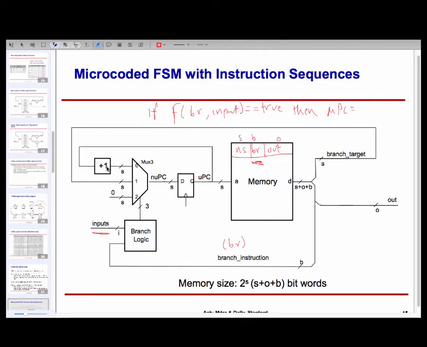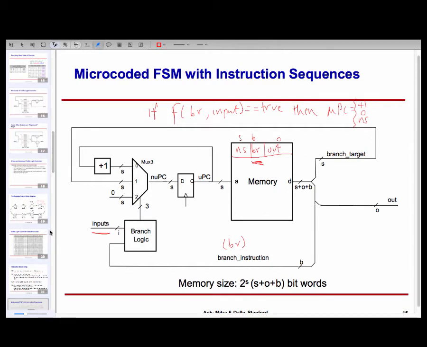It could be plus 1, or it could get the value 0, or it could get the value next state. So I can define some sort of logic like that through branch logic.